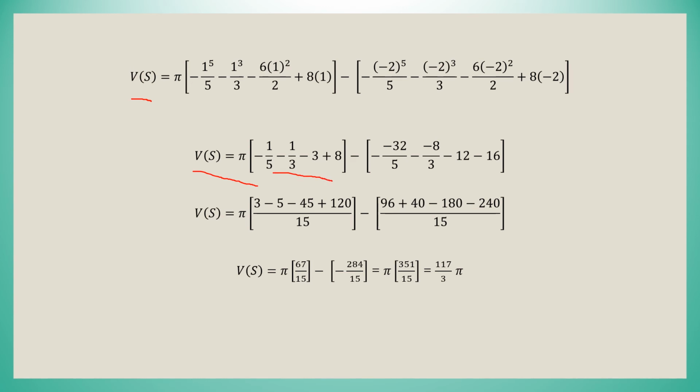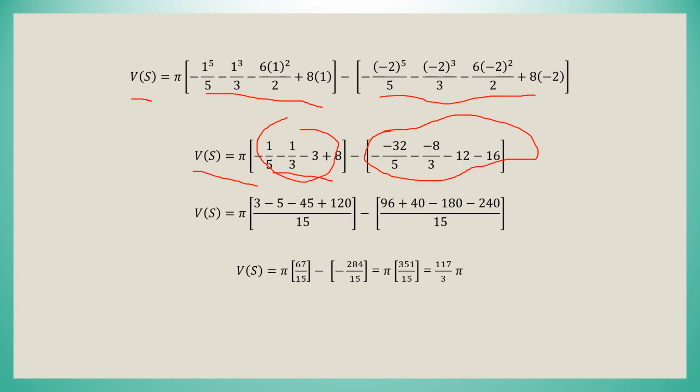So next is negative negative 32 over 5 minus negative 8 over 3 minus 12 minus 16. We have this equation because it came from the simplification of this expression here.